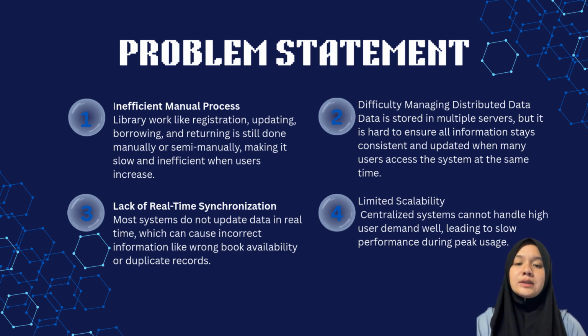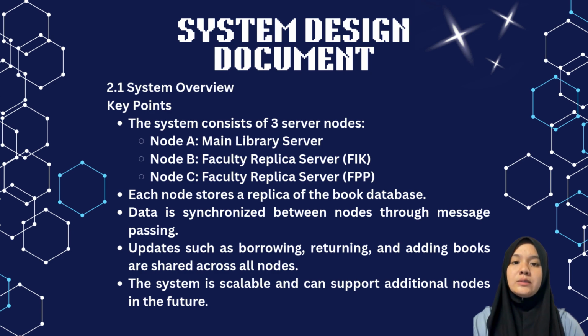at the same time. For the system overview, our distributed library system consists of three server nodes. Node A is the main library server, while Node B and Node C are faculty replica servers.